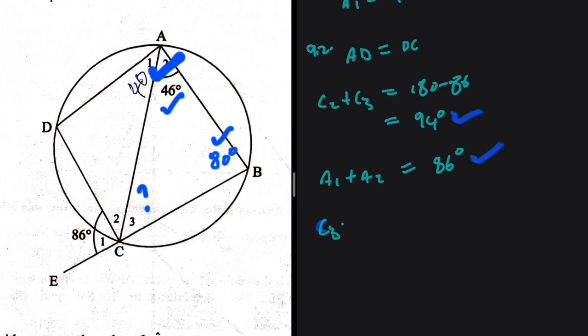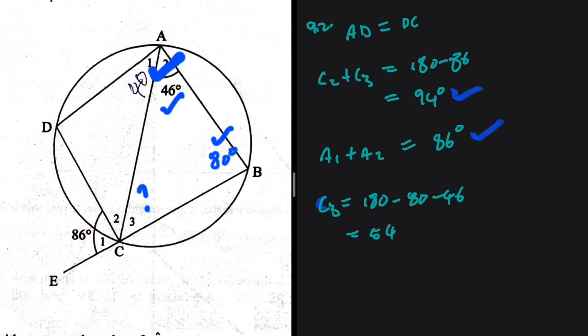So C3 is equals to 180 minus 80 minus 46, which is equals to 54. So C3 is equals to 54. So C2 should be equals to 94 minus 54, which is 40 degrees.